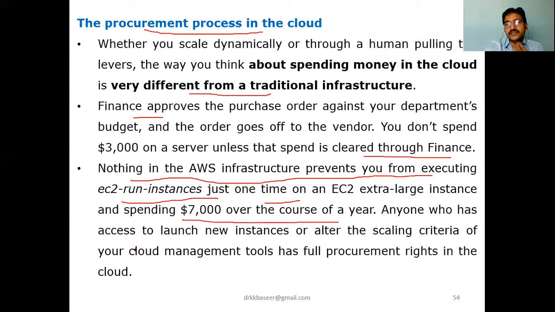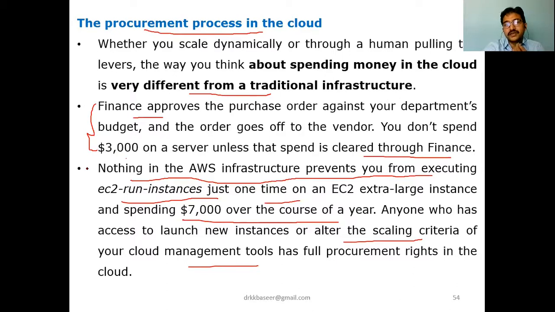Anyone who has access can launch new instances or alter the scaling criteria of your cloud management tools, and has full procurement rights in the cloud. So easily we can spend not only $3,000. The normal physical way of purchasing is the procurement process: raise a quotation, choose the best quotation, get approval from the financial department, order the thing.